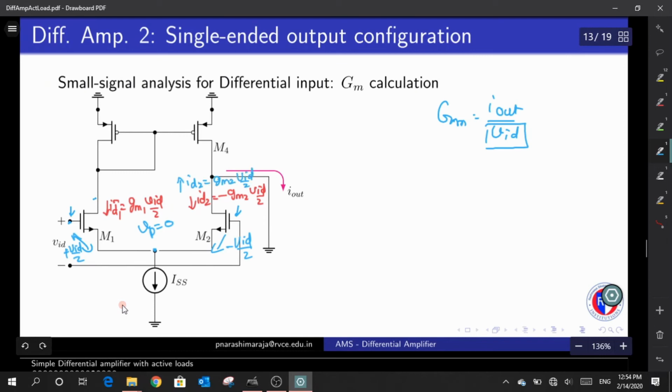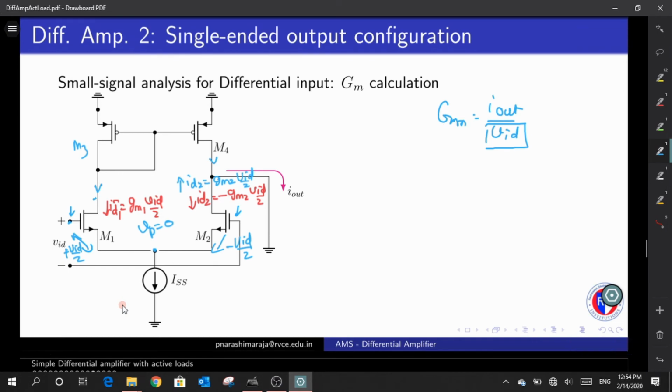I've just removed the negative sign and flipped it. Is that clear? Now we know the structure of this M3 and M4: they are current mirrors. So any current flowing here will also be reflected at this particular point, right?